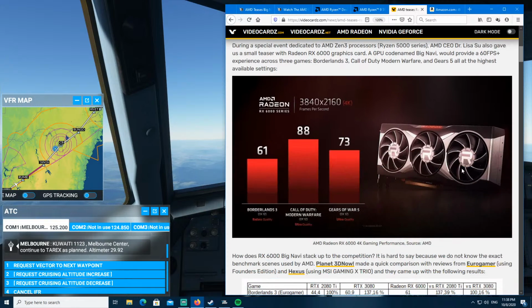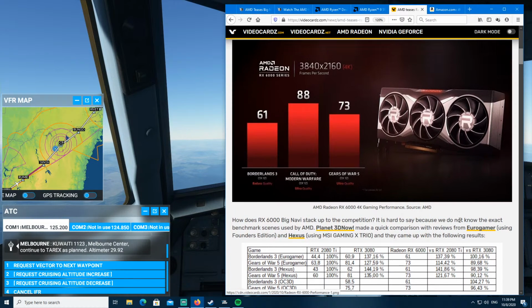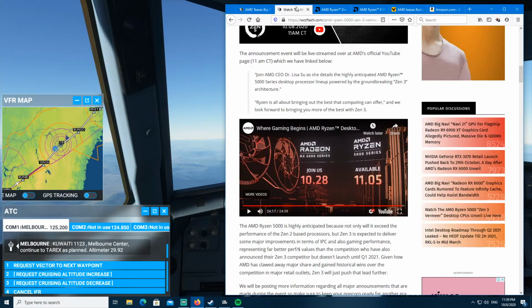This card has been teased, and it's been shown by JayzTwoCents. I think he showed a couple of videos before, and he had that GPU. So the GPU actually exists and it's out there in the wild. So these benchmarks might be correct. Who knows? Because the GPU is actually out there. It's just not officially launched.